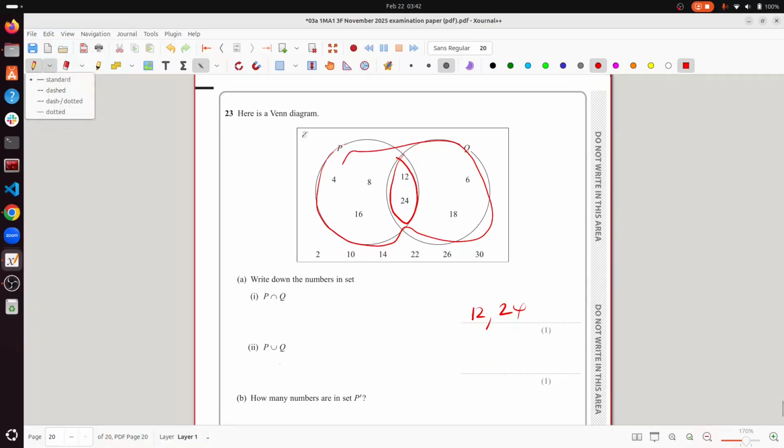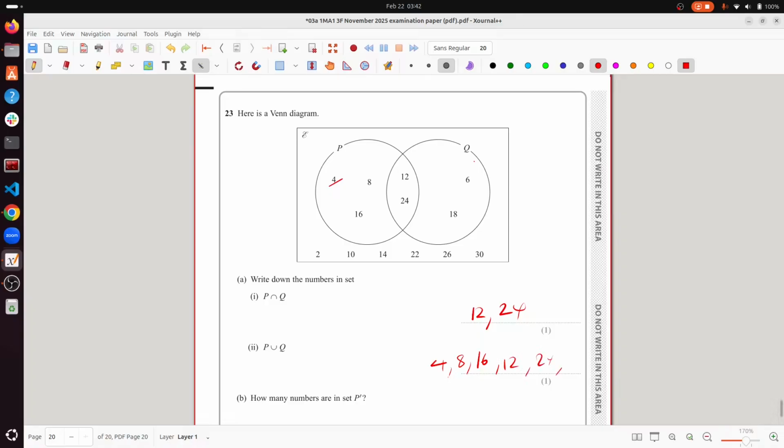So all the numbers there will be, let's start with 4, 8, 16, 12, 24, 6, and 18. If you want to put it in order, that's fine, but it doesn't matter.